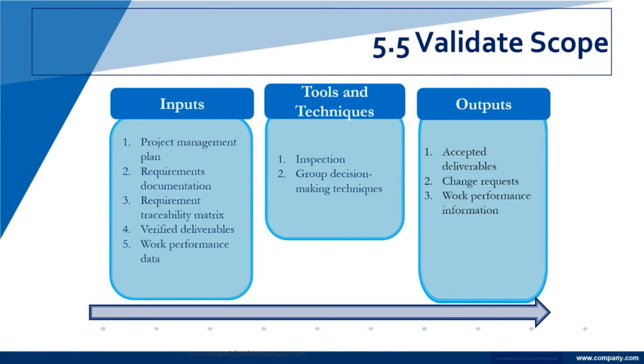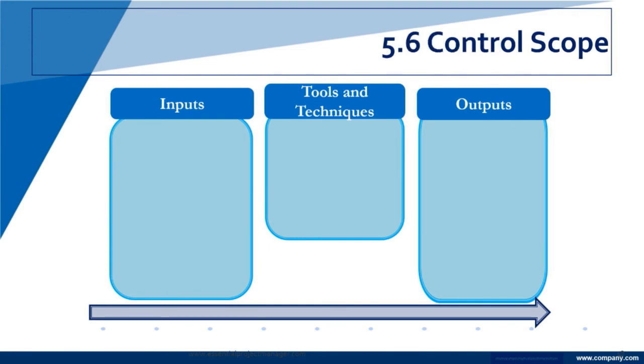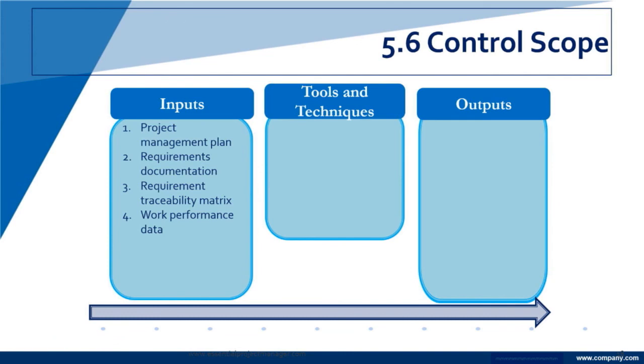We may get change requests through this. We may get some work performance information that we feed into our typical reports, etc. We may get project document updates too. So next we have control scope. Our inputs include the project management plan, requirements documentation, requirements traceability matrix, work performance data, organizational process assets.